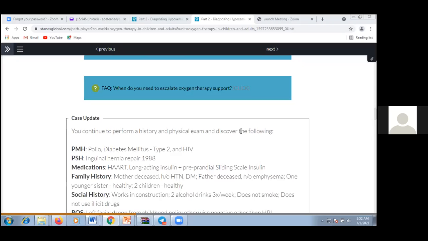Okay, when oxygen saturation is less than 90% after 15 to 30 minutes of oxygen therapy, if we can't achieve the target saturation, patient deteriorating, okay. Good, 2 more tries.